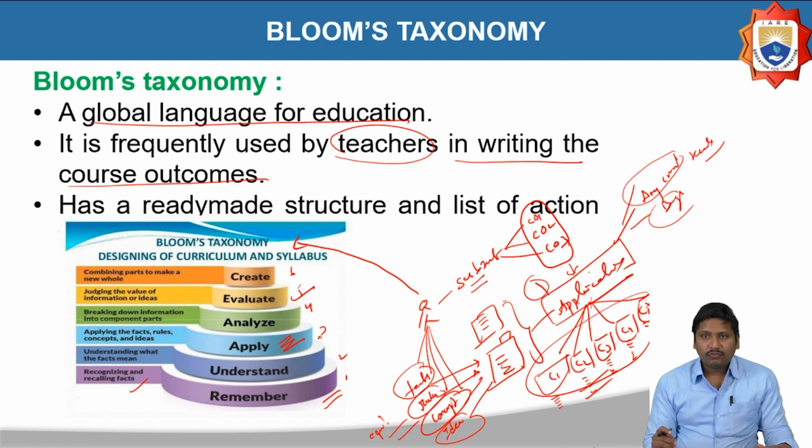For analyzing, we break down the information into various components. Evaluate means we judge the value of information, and create means combining the parts to make a whole. So these are the different levels of Bloom's taxonomy.